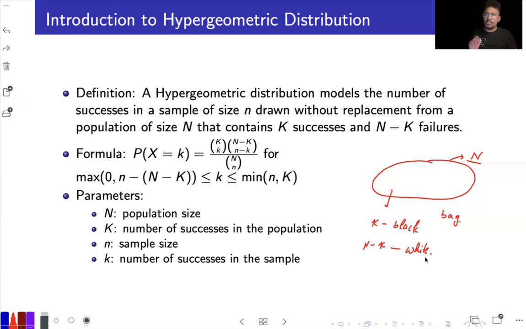Now at this point, what we are going to do is take out a sample of size small n from this population.